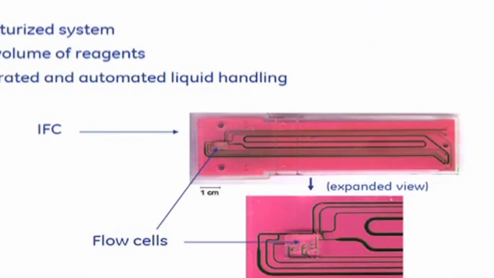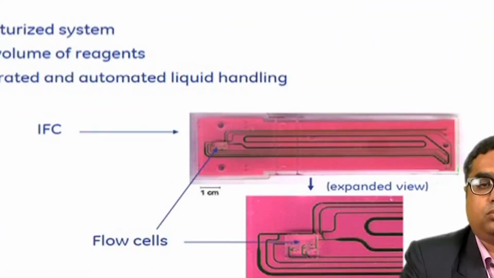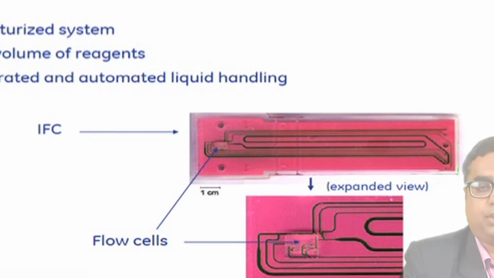The SPR detection system depends upon the refractive index and also depends upon the surface concentration and temperature. The interactions happen in a miniaturized system called microfluidics, which is the liquid handling part of the system, which contains very low volume of reagents, and they are integrated and automated liquid handling systems where the flow cells are actually situated and the actual interaction happens and is recorded by the system.